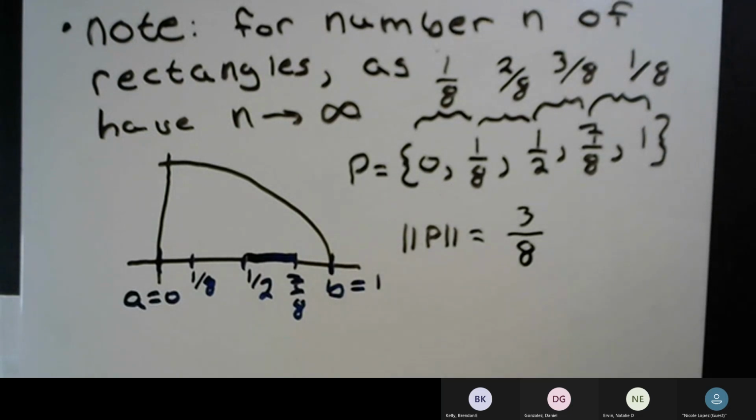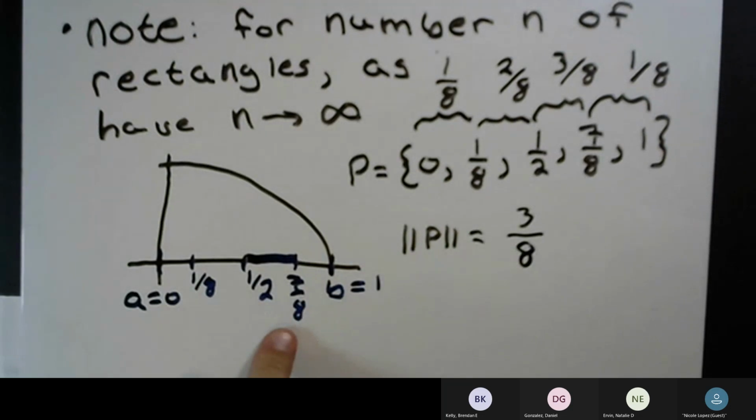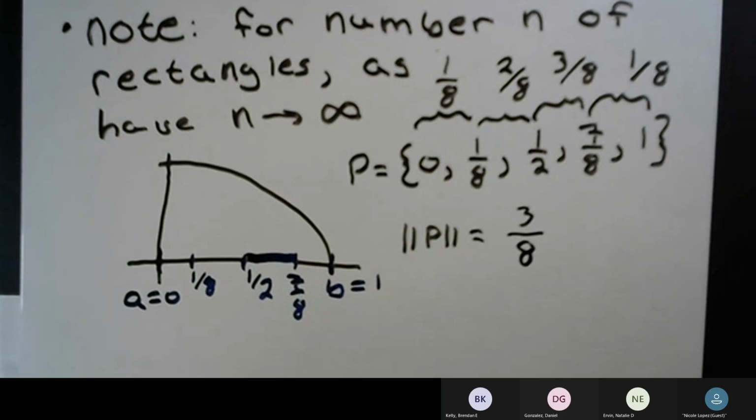Now, what we typically do is pick points for our partitions so that the widths of the subintervals are all the same. But you don't have to do that. You could choose points fairly randomly to come up with a random partition.